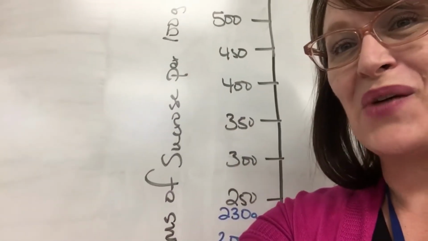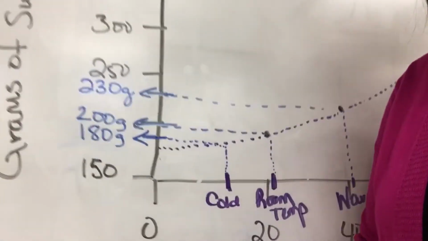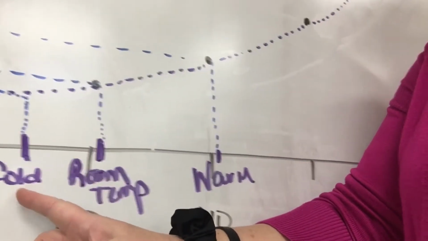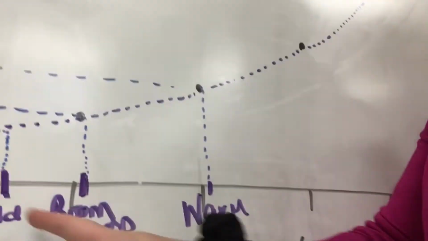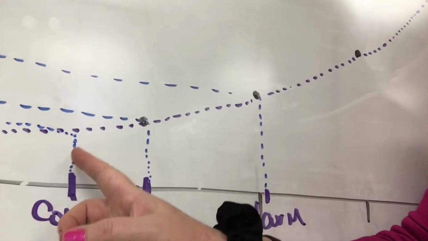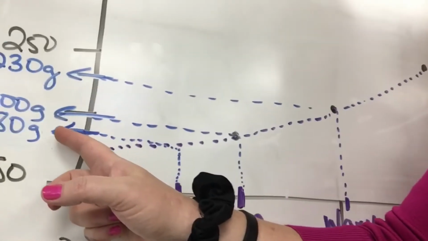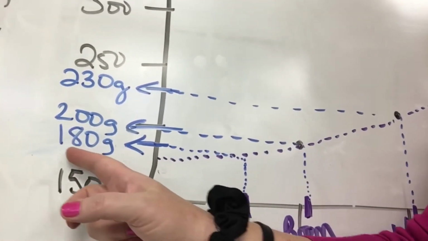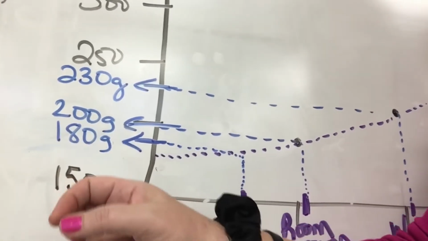So we're back with our graphs, and I looked at my temperature data and marked the different temperatures. I had a cold temperature, a room temperature, and a warm temperature. I marked those on my x-axis, and then I did what's called interpolate, which means I drew a line up, hit my saturation curve, and then drew a line to the left, and that told me about how many grams of sugar it would take to saturate my solution at that temperature.